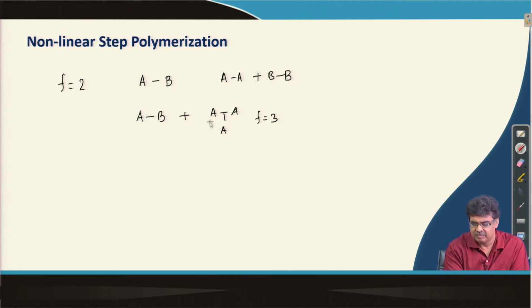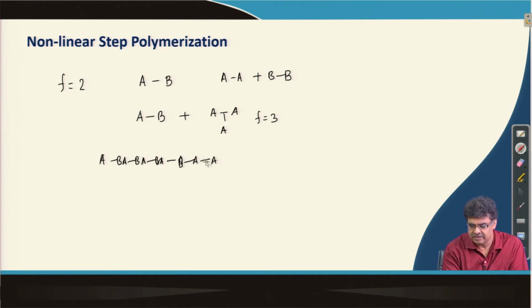Now, in this case what type of polymer will we get? We will get AB, AB, AB, AB, and if one of these trifunctional monomers gets in the chain, then we get a branch, and so on.